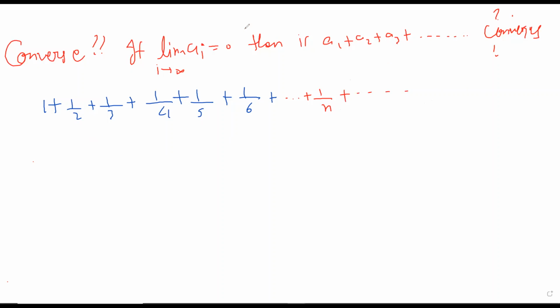The idea is we will group the terms, just like I did previously. In the previous example, I grouped the terms and made several blocks of 1 and then concluded that it's divergent. In this case also we will have to make blocks, but we will have to do that smartly because here the terms are not the same.